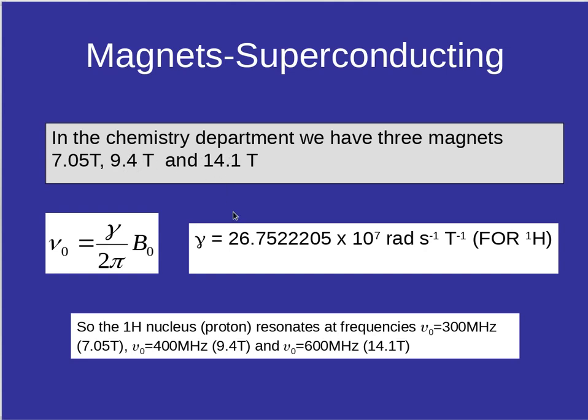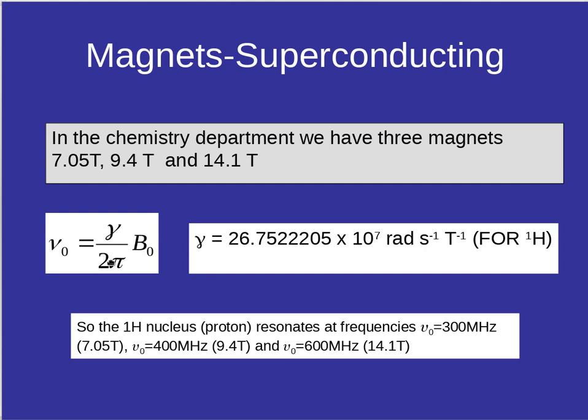Now, for the hydrogen nucleus, which I said was a proton, we can use the Larmor equation. We've got everything we need. We've got the magnetogyric ratio, which we can place in here. We've got the magnetic field. We can use this equation 3 times to calculate the Larmor frequency at 3 field strengths, and we know what 2 pi is.